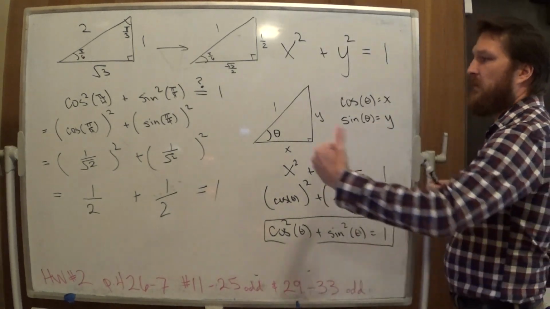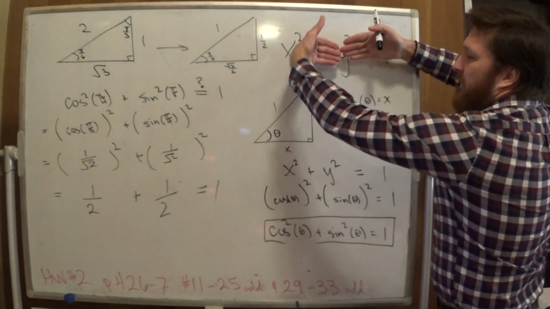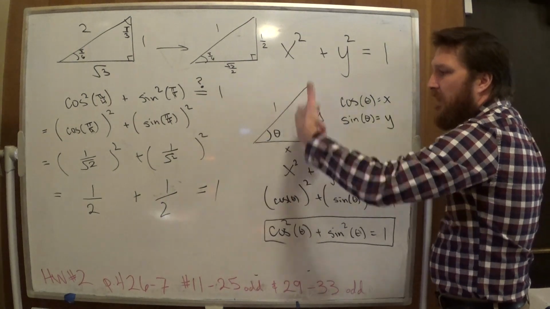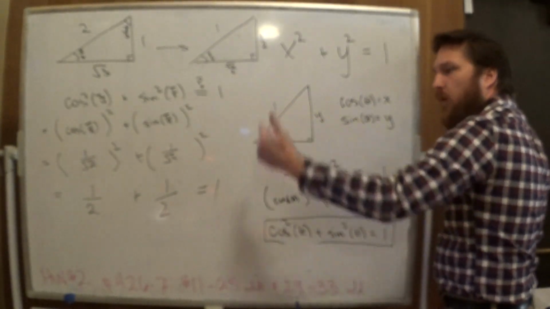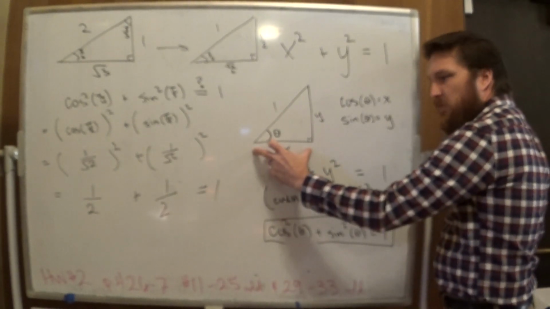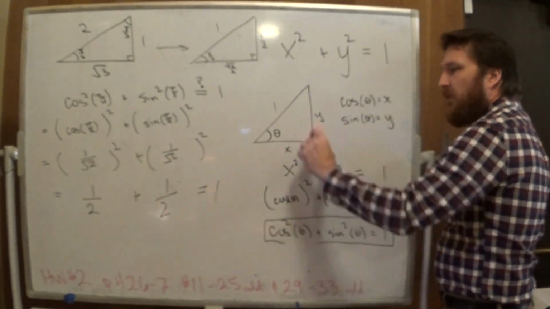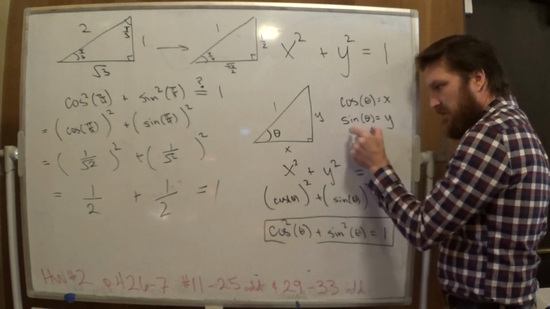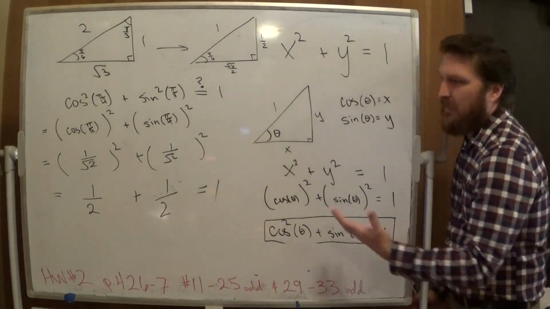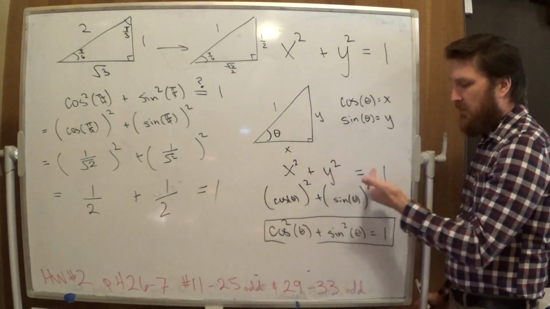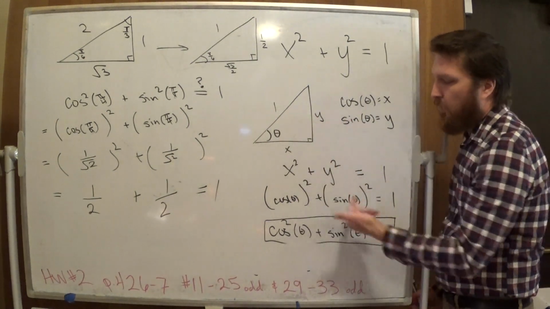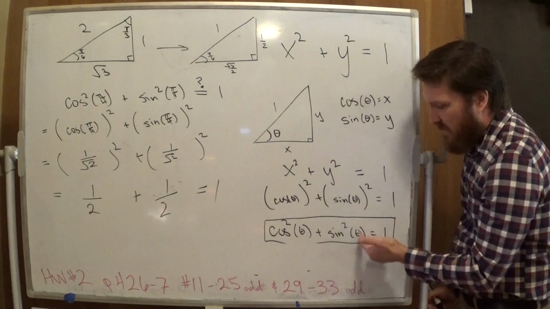Or you could think about it without the unit circle. If you've scaled your triangle so that the hypotenuse is 1, then this value is equal to cosine and this value is equal to sine. And so by the Pythagorean theorem, this squared plus that squared equals that squared, which is 1. And so when you do that, you end up with this.